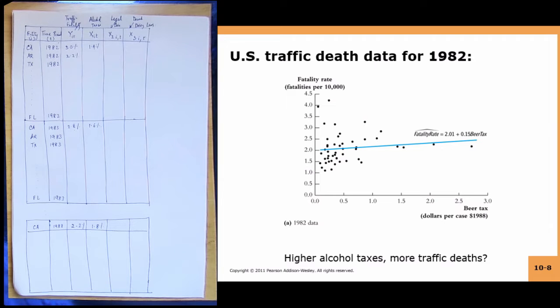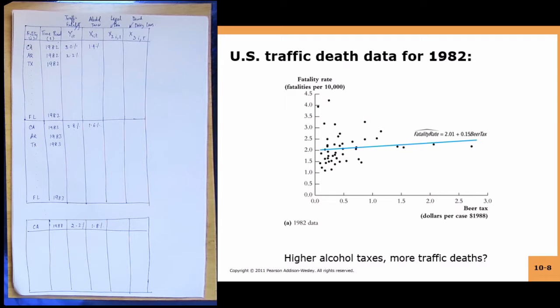So as you can see, the beer tax goes from around $0 per case to around $3 per case, and fatality rate goes from around 0 fatalities per 10,000 to around 4.5 fatalities or 4.25 fatalities per 10,000.